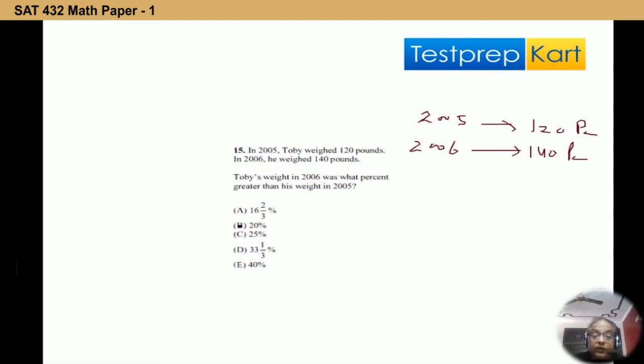Toby's weight in 2006 was what percent greater than his weight in 2005? So let's say the 2005 weight is 120, and then the 2006 weight is 140 pounds. So in 2006, the difference in the weights is 20 pounds. Correct.